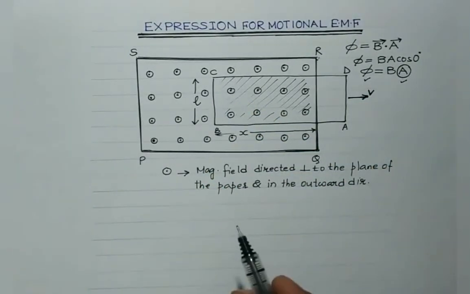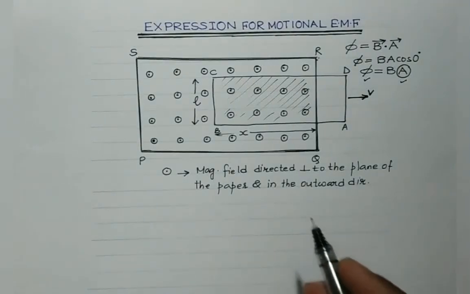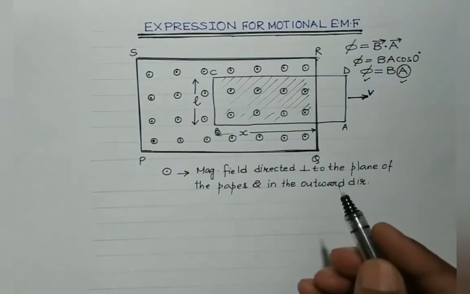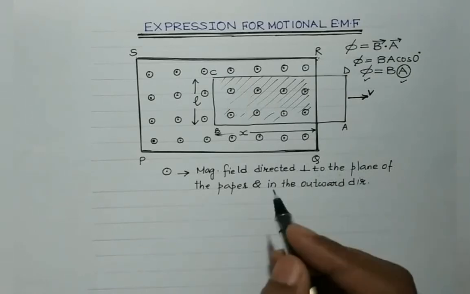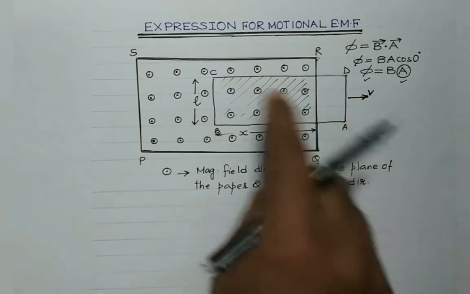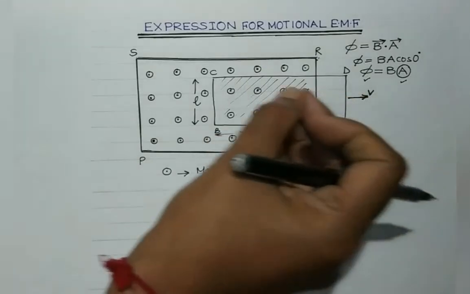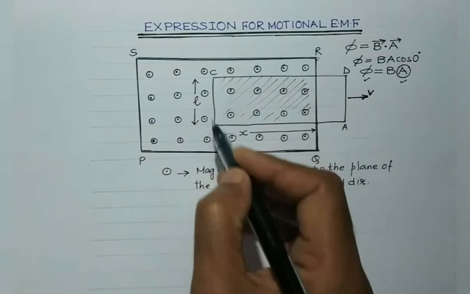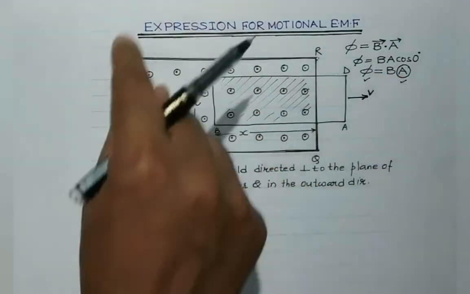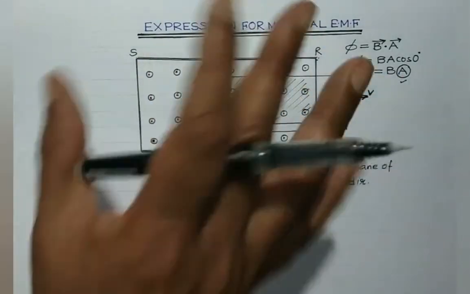And we are aware whenever there is a change in the magnetic flux linked with the loop, an opposing induced EMF or induced current will get produced in it. Similarly, students, when the loop is brought inside, then with the passage of time, the effective area of the loop under the influence of magnetic field will keep on increasing.